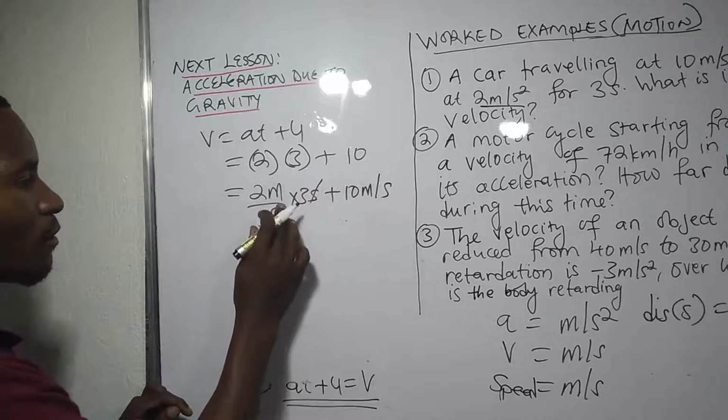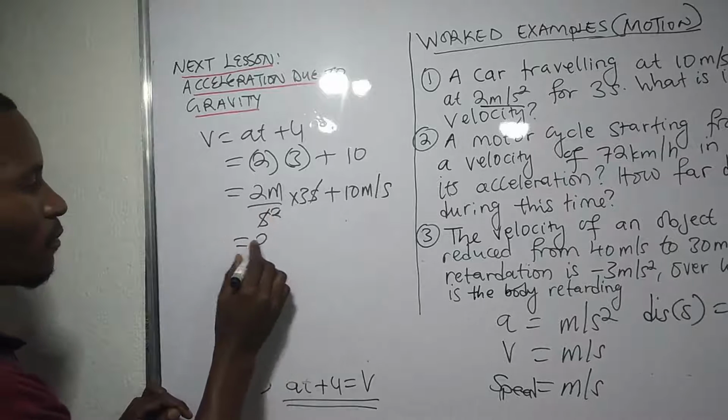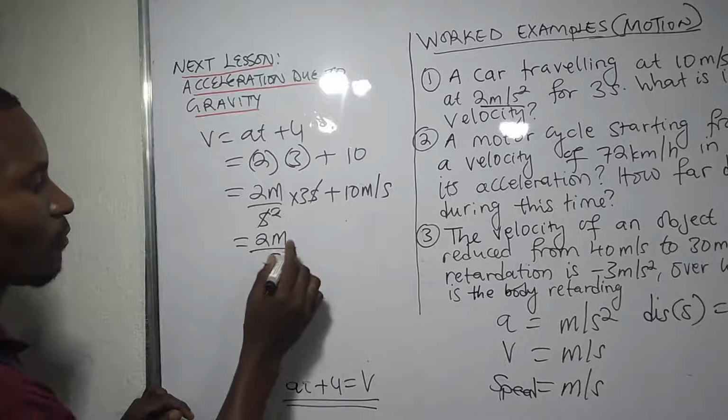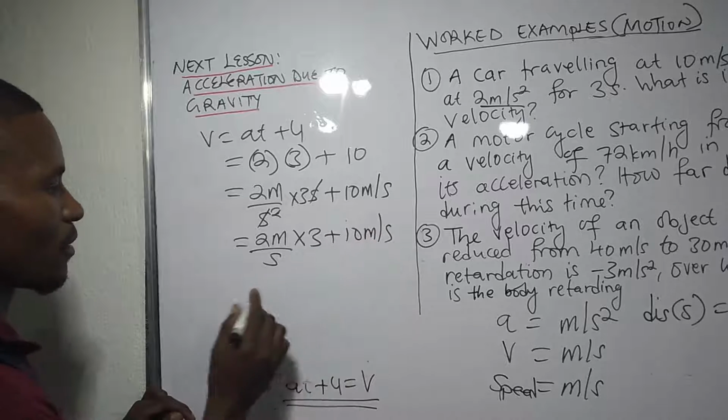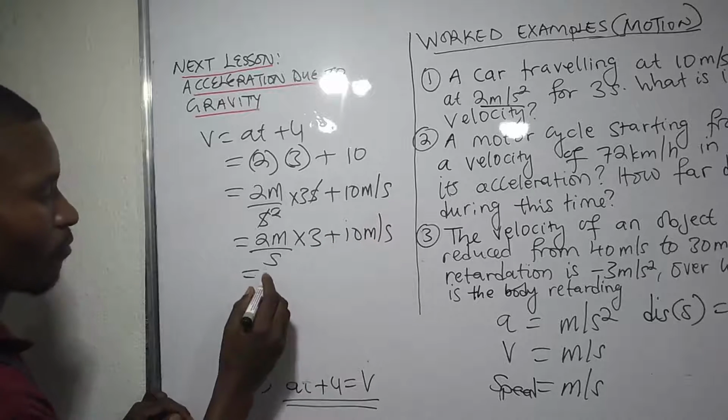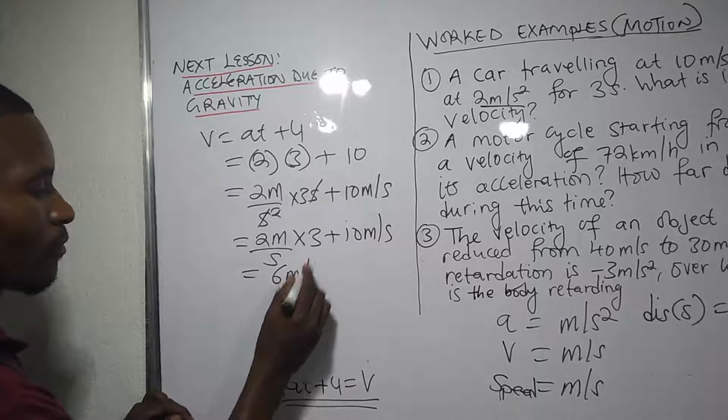This means 2 times 3 plus 10 meters per second, which is 6 plus 10, so 16 meters per second.